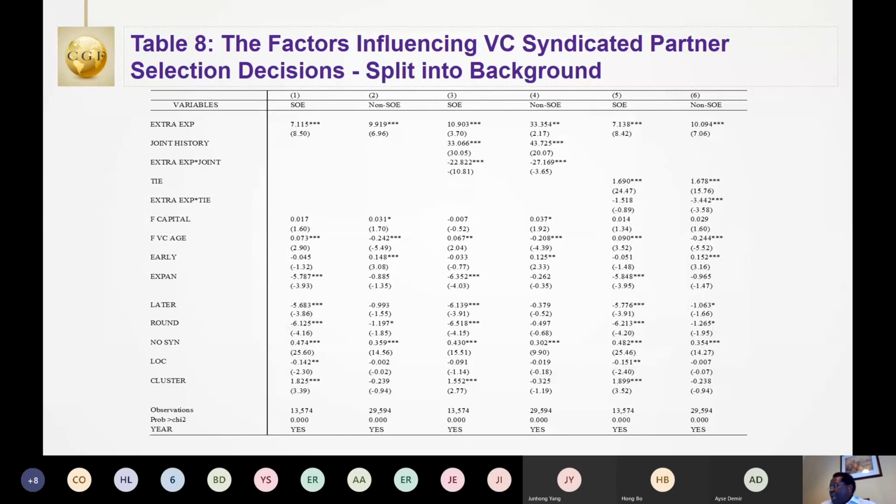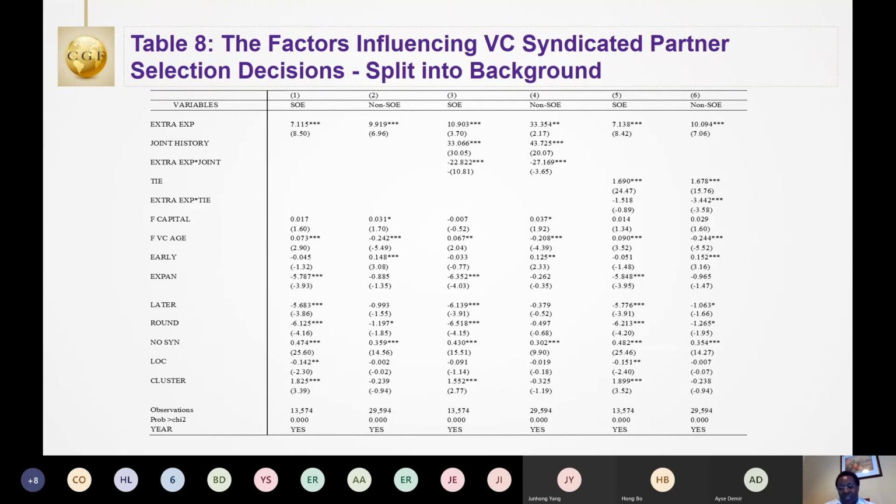But the results in table 8 show that experience, joint history, and reciprocated ties are all important factors when making decisions. But the magnitudes are larger for non-SOEs than SOEs. So these signals matter more if the potential partner is a non-state enterprise.